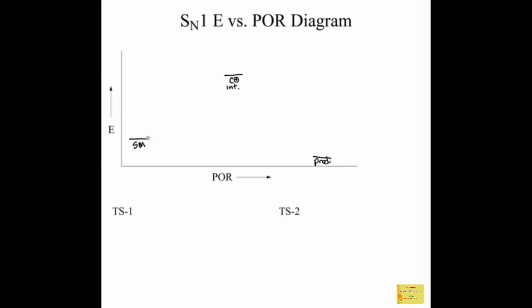Now, as usual, for every step, you need to go through a transition state. So this is transition state 1. And then going from the carbocation to the product, again, you go through some transition state. And our energy diagram will look something like this.